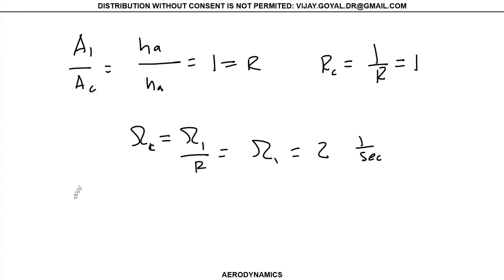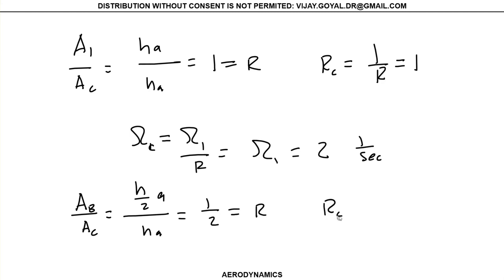The other thing I could do is, instead of doing that, I could have gone from point B to point C, where this was equal to H over 2 divided by A over 2. This is 1/2. This is R. So RC would be 1 over R. That would give me 2.